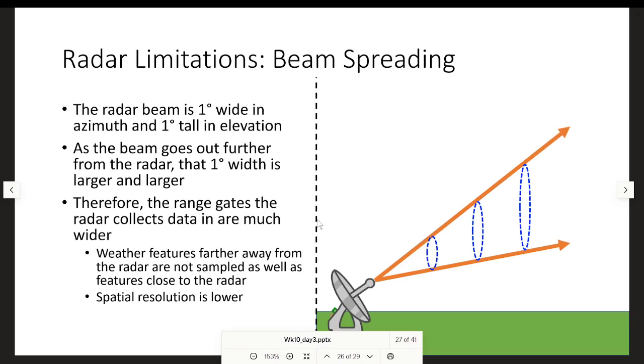The radar beam is 1 degree wide in azimuth and 1 degree tall in elevation. Therefore, the range gates in the radar that collect data are much wider.